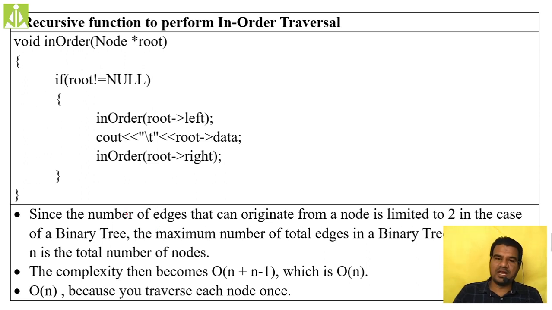So call the in order function recursively until your root node becomes null. Once the root of left becomes null, we are printing the data. Where exactly the left child is going null, at that point only we are printing the data.